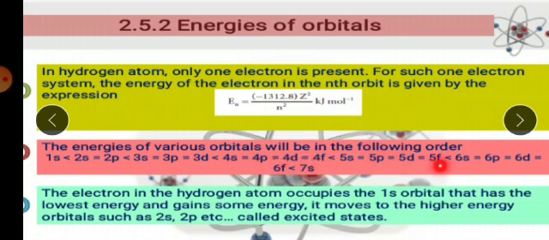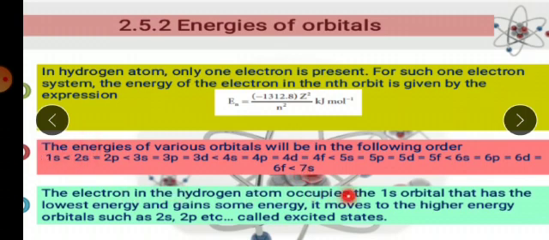Likewise, 5, 6 and 7 also have 4 subshells. So the highest energy level goes to 7s and the least goes to 1s.